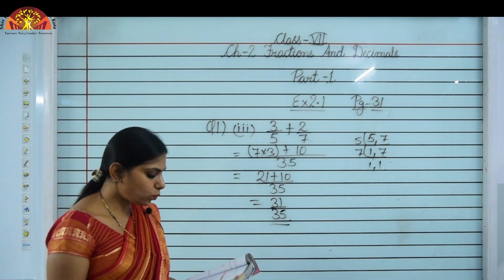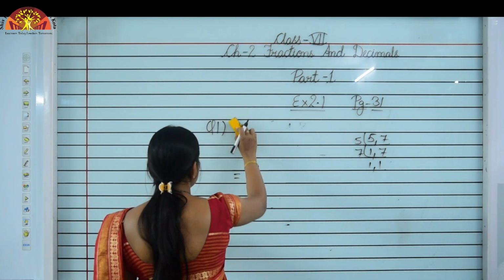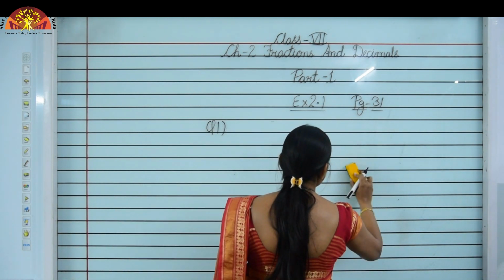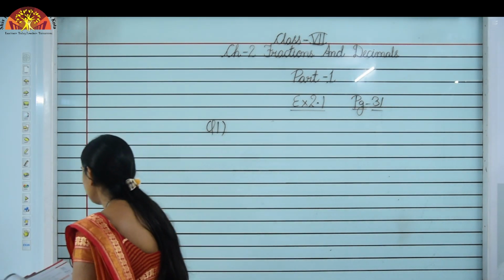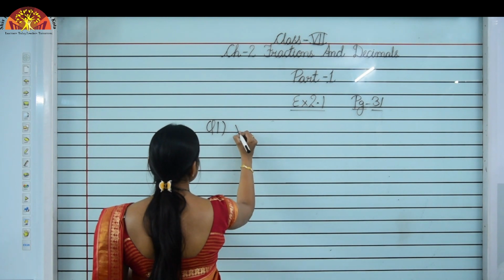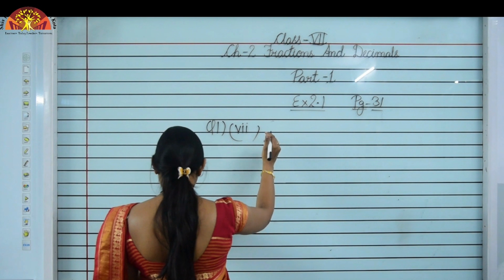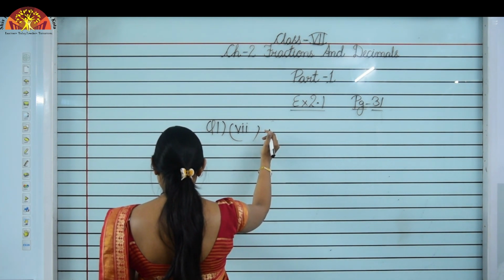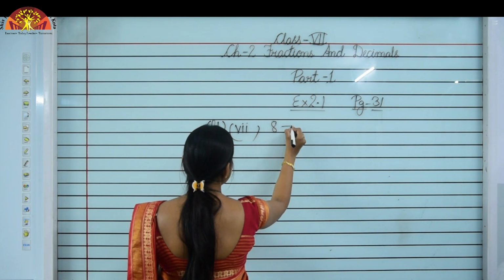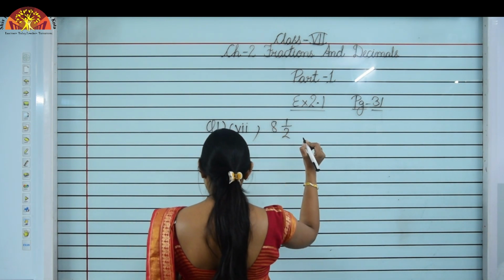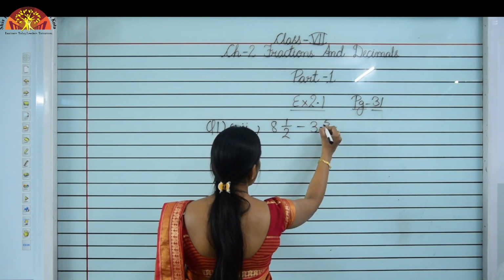That is 2.1. We will just solve the 7th part. Question first, 7th part. Now just see the 7th part over here, that is 8 1 upon 2 minus 3 5 upon 8.